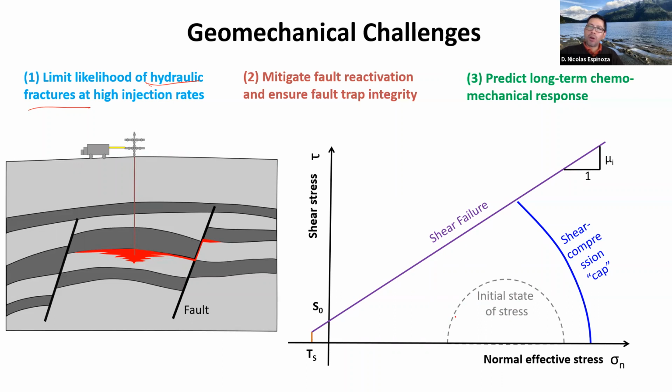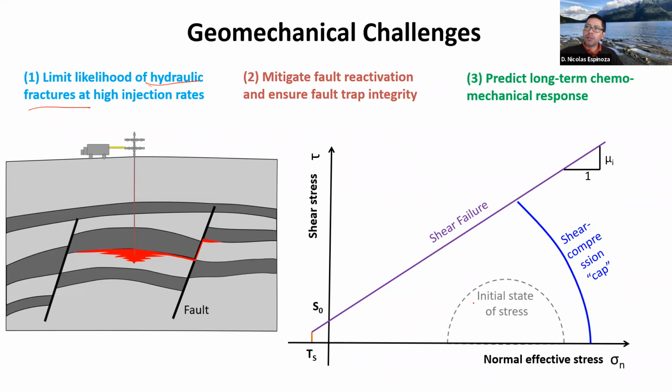And that rock is going to be limited in the Mohr circle space by lines that bound the possible states. For example, this is the line for shear failure. This is the line for tensile failure. This is the line for which we will have a significant deformation due to compression.